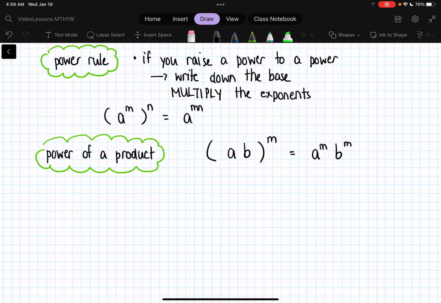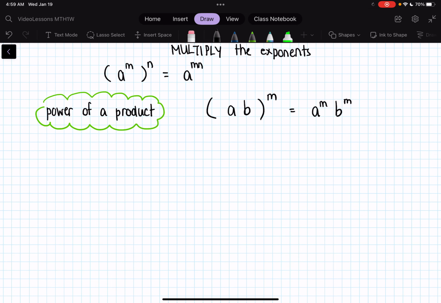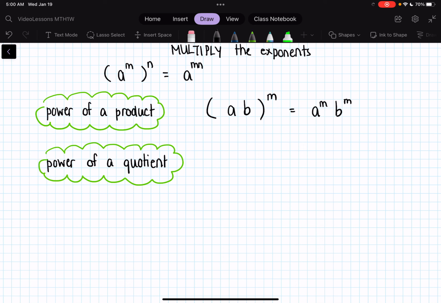Okay, notice it's not power of addition, it's only power of a product. And then we have power of a quotient. Remember, quotient is when we are dividing. So here again, if I am dividing, which is the same thing as just seeing a fraction, because that fraction line means division, and I raise that to a power, then everything gets the power.